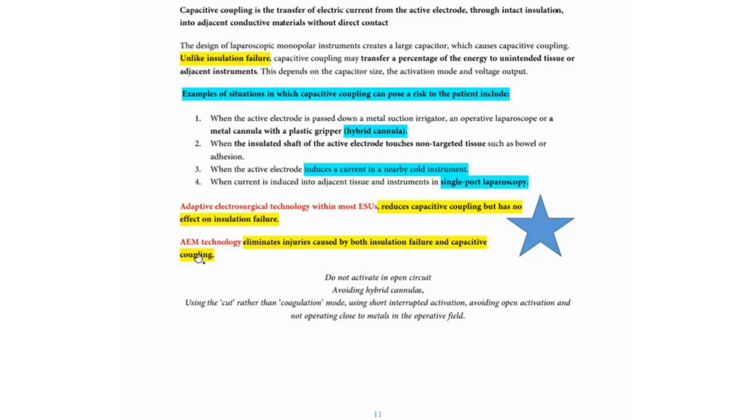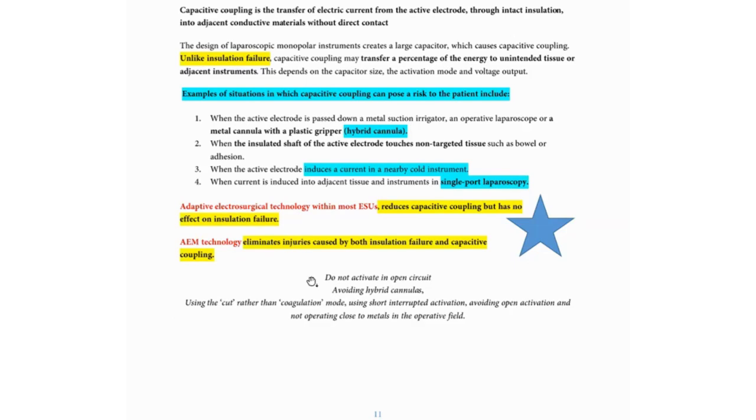Okay, so here again, this question, as I told you, this one is important. The AEM that I have talked about a minute ago is going to avoid the injuries of insulation failure and capacitive coupling.